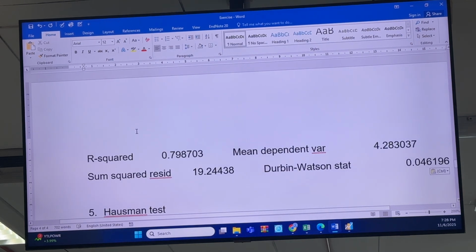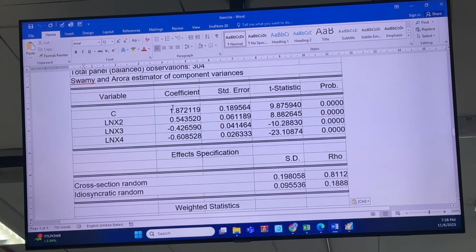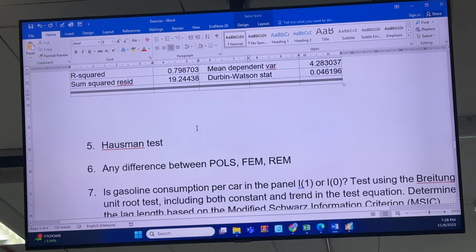Okay. So this is my coefficient. This is my test statistic. Am I right? Okay.